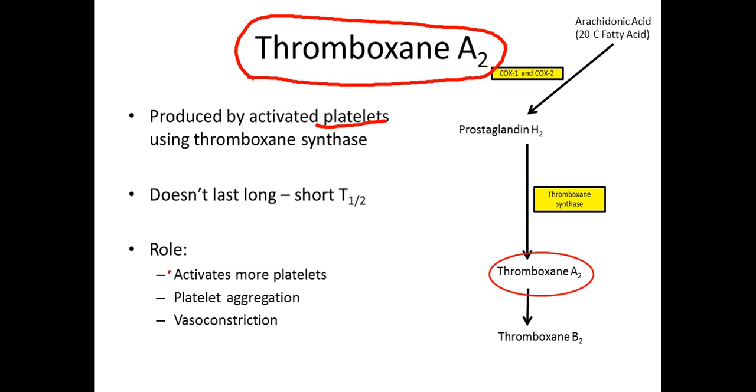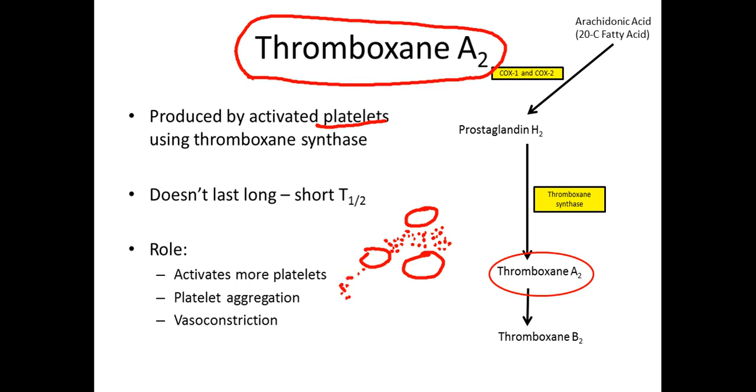But what it does is activate more platelets. So we have one platelet here, and it's going to produce a whole bunch of thromboxane A2. It gets degraded quickly, so it has to act quickly. However, let's say another platelet comes along and encounters some thromboxane A2. Those platelets that are just rolling along say, hey, something's not right, I see a lot of thromboxane A2 in the environment.